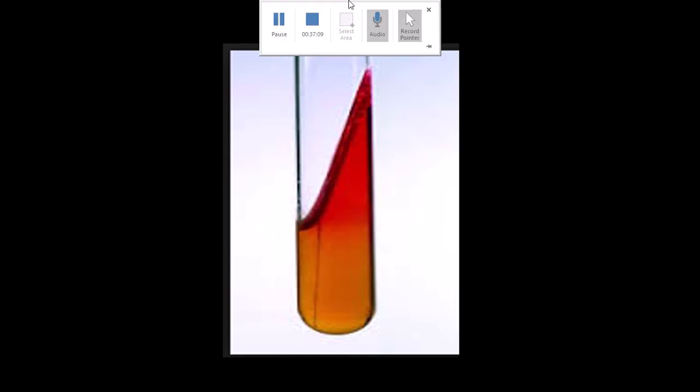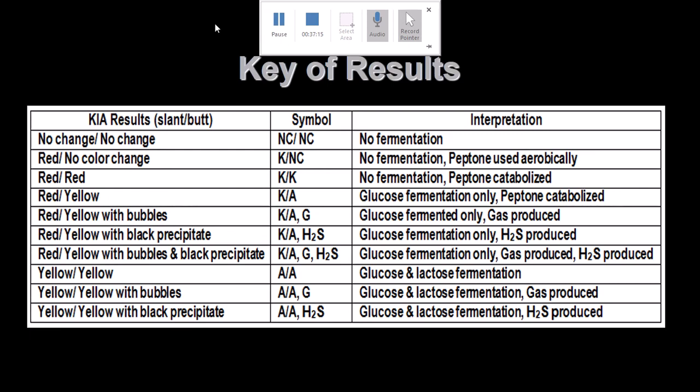So you have to know their original color, and whether the sugars are fermented or not, to compare them with the pathogens. It depends on the biochemical test that you are using.